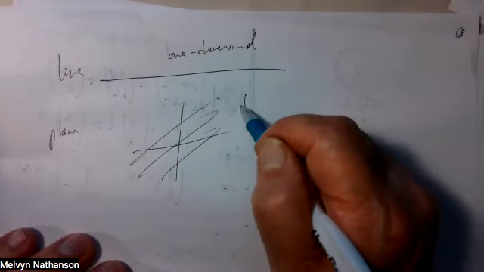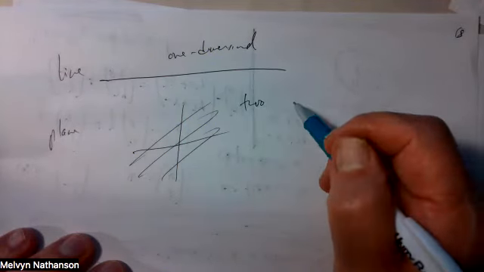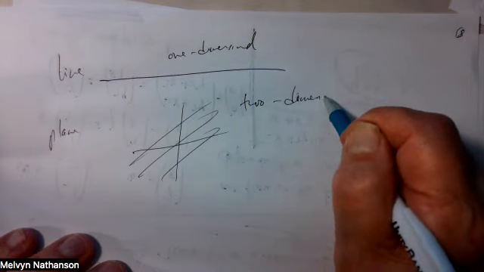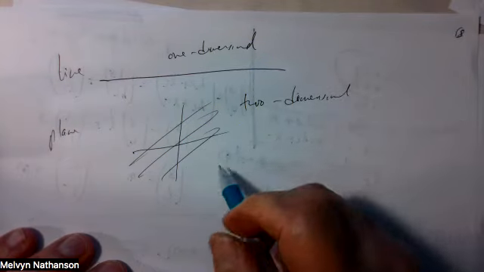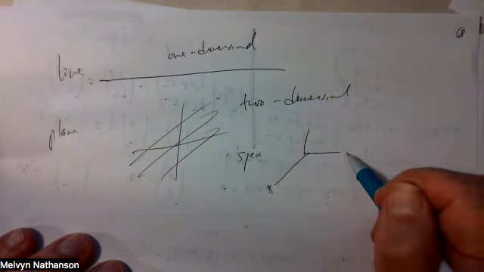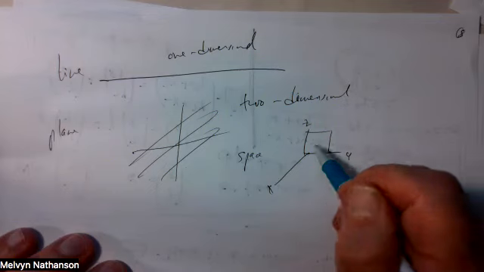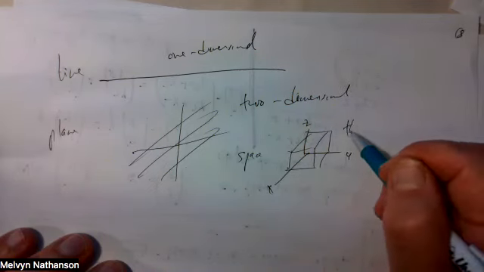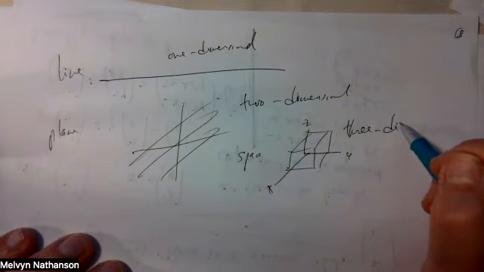Or if you look at a plane, we think of this as being two-dimensional. Or if we look at the space we inhabit, we think of this as three-dimensional.